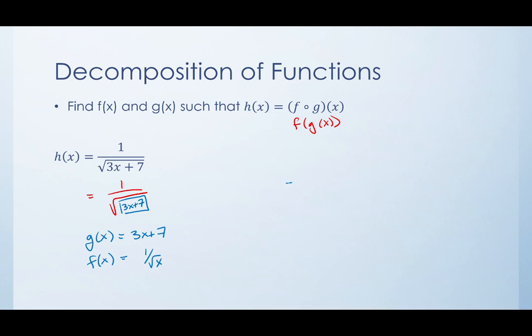Or they could look at this function as 1 over something, where the inside function, inside the box, is the square root of 3x plus 7. And so that would mean that my g of x function is the square root of 3x plus 7, and my outside function is simply 1 over x.